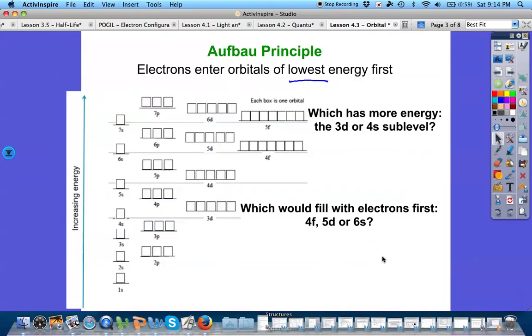So, which has more energy, 3D or 4S? Well, 4S is lower, so 3D is going to have more energy because it's higher on the diagram.